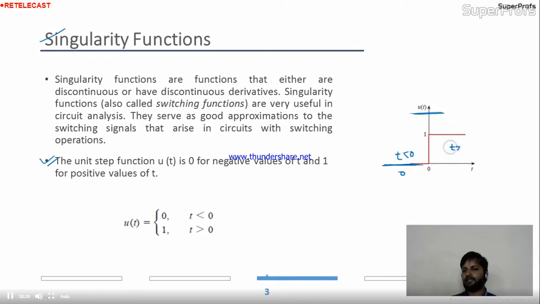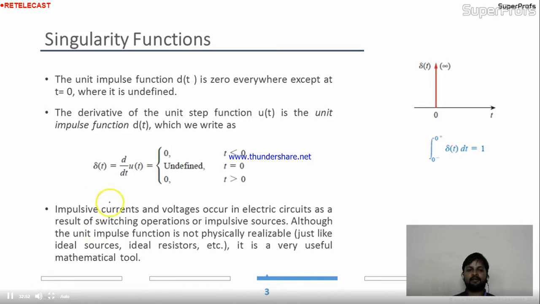For all t greater than 0, the value of the function is 1. So this is nothing but the unit step function. I think you people studied this in signals and systems also. Okay. So here we are briefly discussing this function.